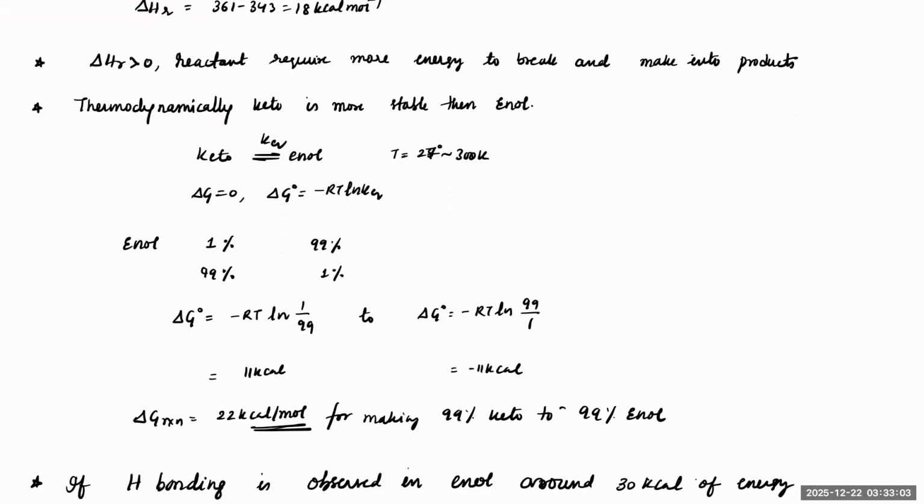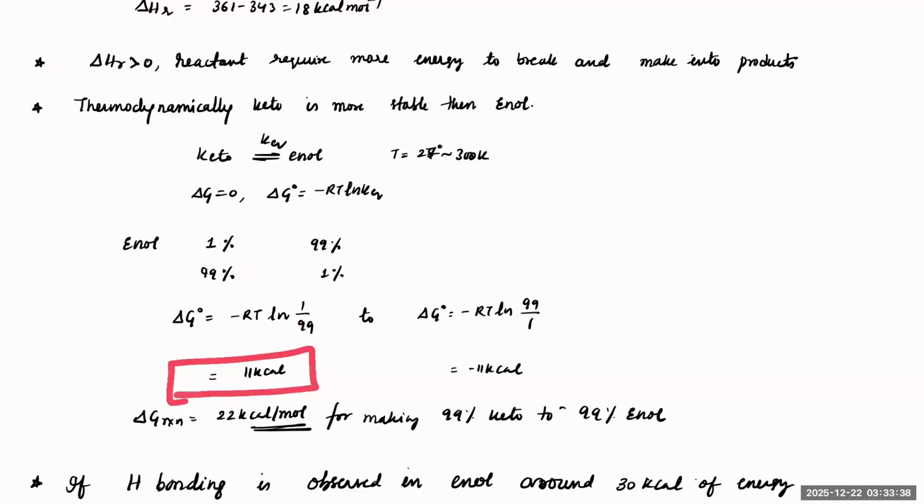Let's see. We'll try to write two different forms. One is a case where ketone percentage is 1, enol percentage is 99. And the second case where the ketone is 99% and enol is 1%. So I have substituted those values. First will be 1 by 99. Second one will be 99 by 1. So from here I can say something.